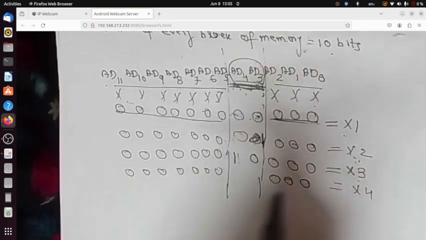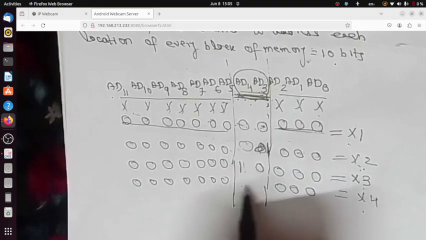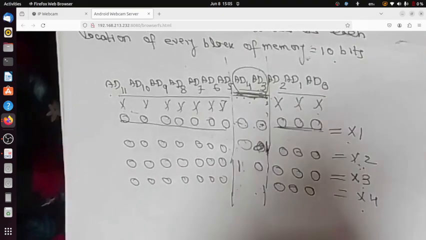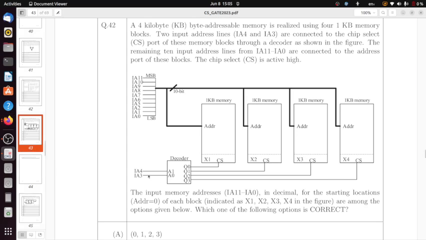Now for starting location X4, what will be the value of these two input address lines? So we go back to the picture. When both of these inputs, A0 A1, that means input address lines 3 and 4, are both 1, then output line Q3 will be enabled, which is connected to this block of memory whose starting location is X4.